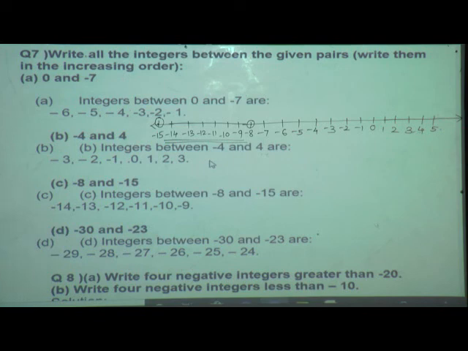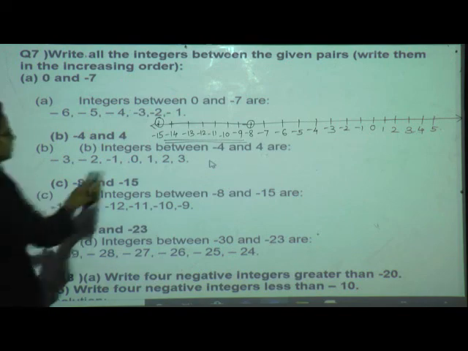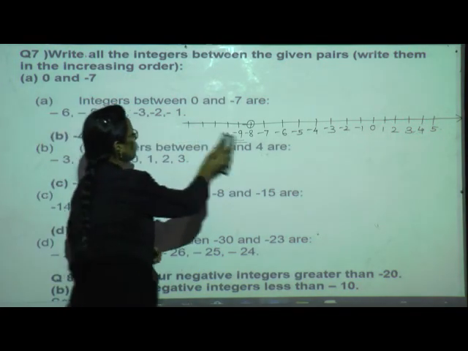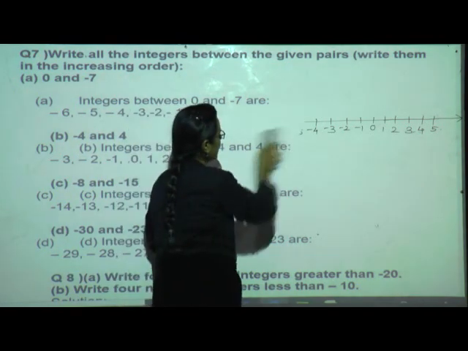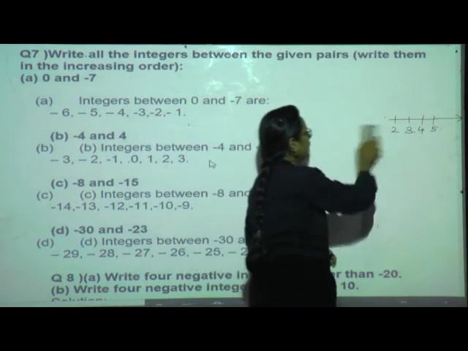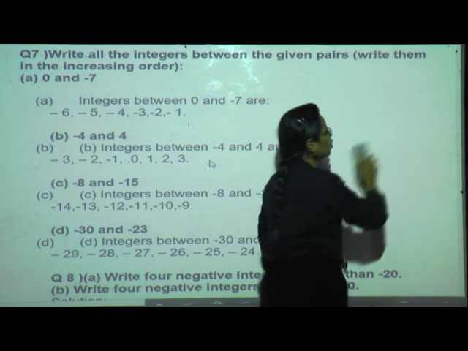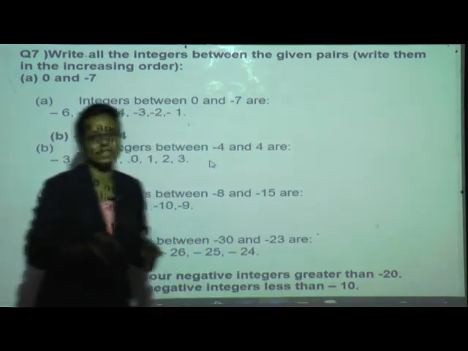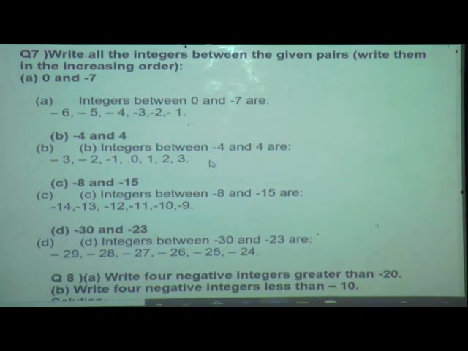So these are a few examples. In the same way you can solve the next one. We have to draw the number line first, and then find the numbers between two given integers. Okay, let us move towards the next.